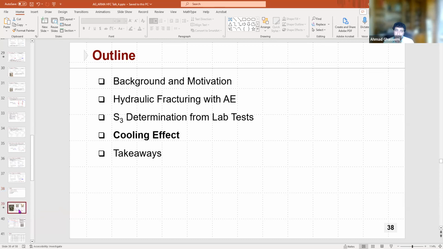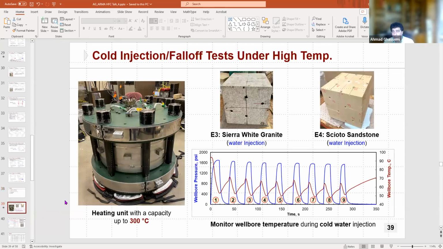What we did in some of these tests is that we heated the block subsequent to fracturing and our DFIT cycles. The reason we did that is not because we couldn't heat it initially. We just weren't focused on the breakdown pressure.